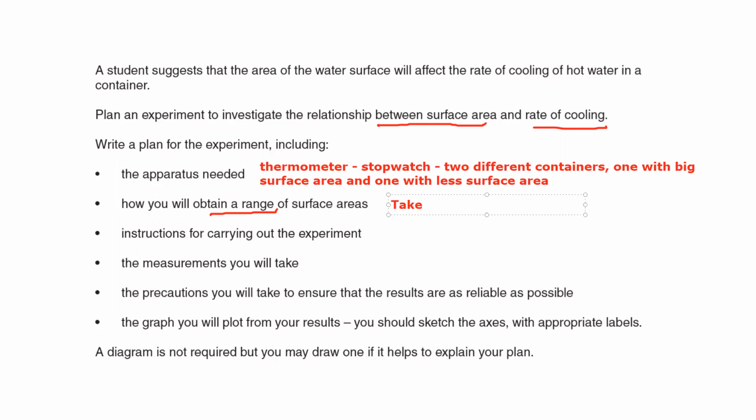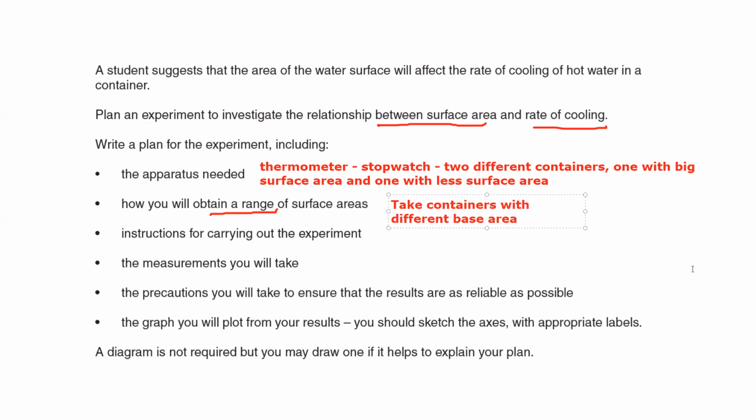So actually, like the 2 different containers written at the top in the apparatus, here we'll take containers with different base areas. As the containers have different base areas, they will have different surface areas.